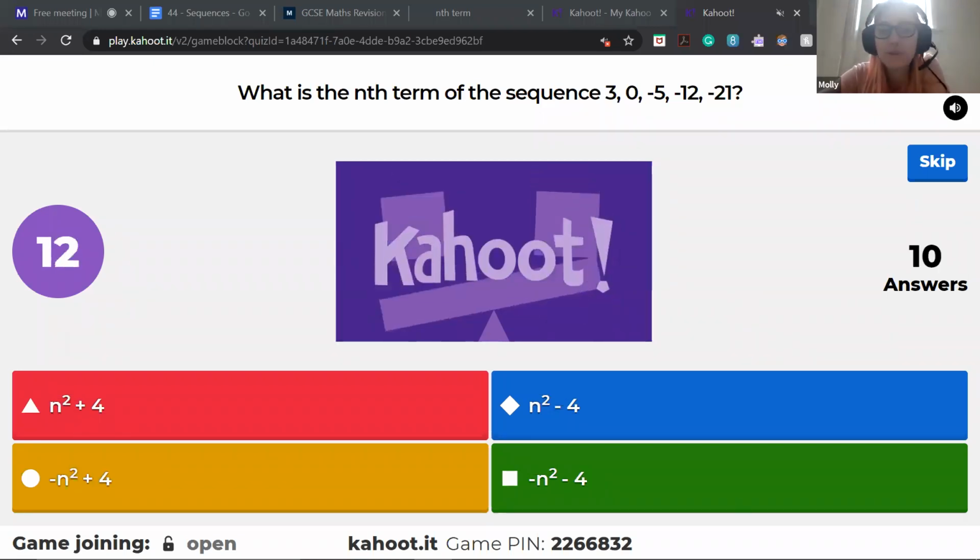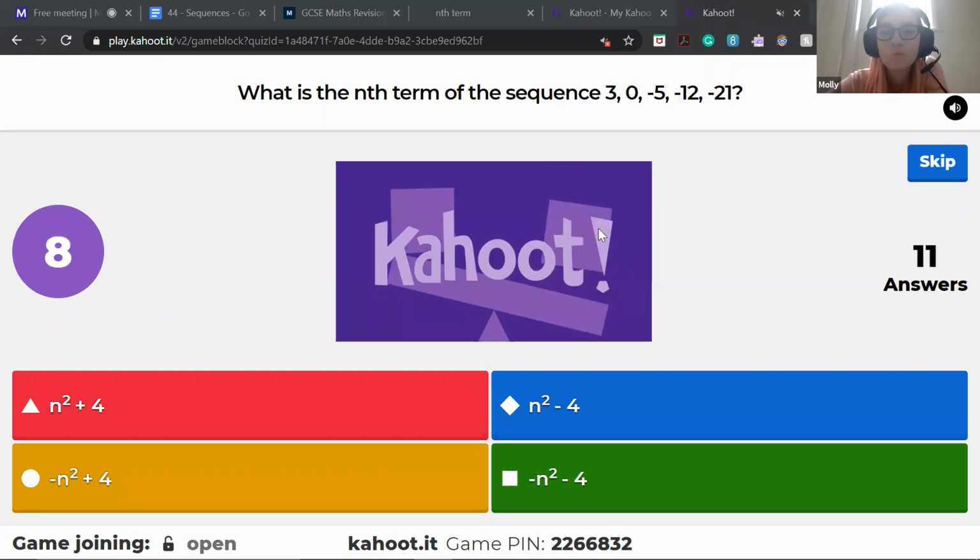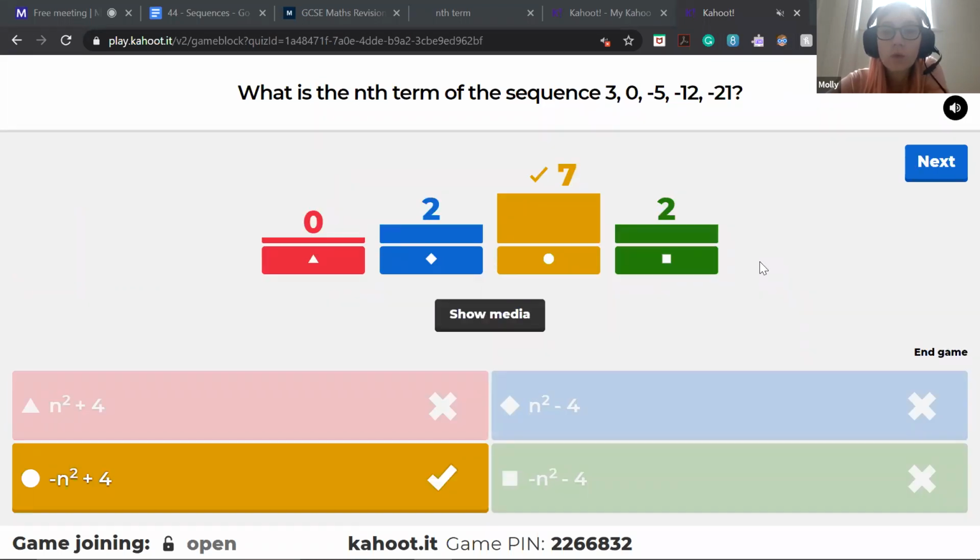I won't bother skipping because we only have 10 seconds. Awesome, well done. Okay, this one I've just checked. This one is actually correct. I don't have time to properly go through it, but you see we have -3, -5, -7, -9. So the differences there are -2 each time. So we've got a -n squared, if you subtract minus n squared, it's like adding it. And then you'll see that the sequence just comes out as 4, 4, 4, 4, 4, 4, which we discussed is a sequence of 4. So it's minus n squared plus 4.